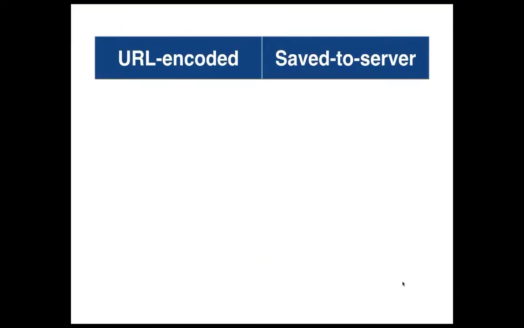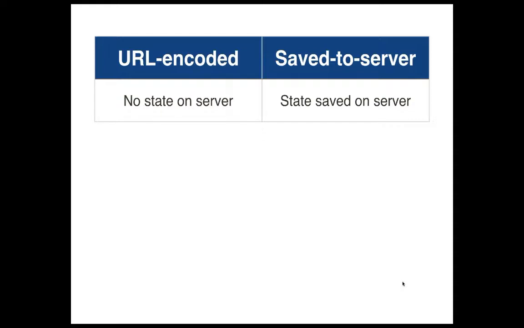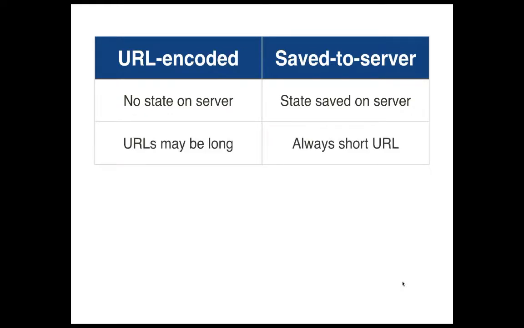All right. So here are some of the differences between these two types of bookmarking. For the URL encoded bookmarks, as we said, there's no state saved on the server. All of the state is contained in the URL, and if it's saved to server, the state is obviously saved on the server. For URL encoded bookmarks, the URLs can become long. The examples I showed you just have one input or two inputs.